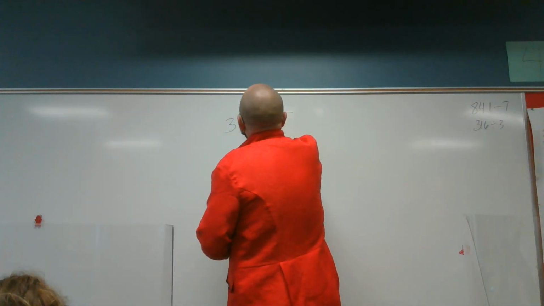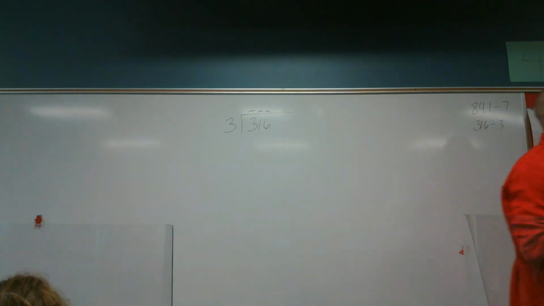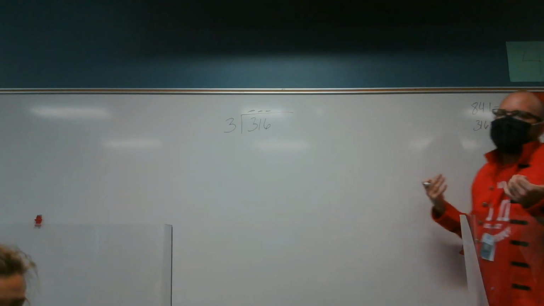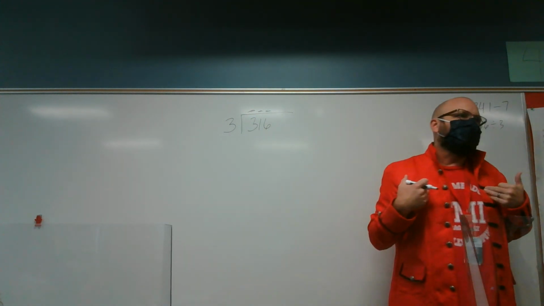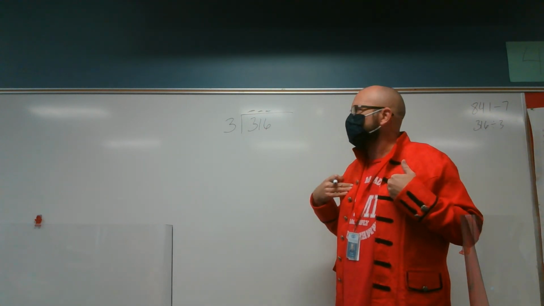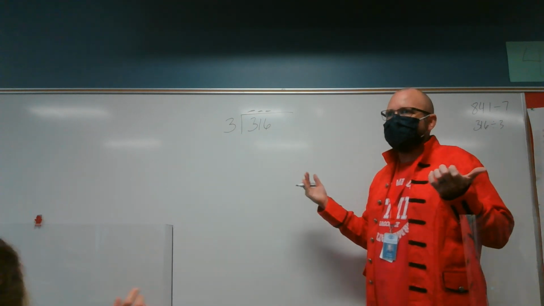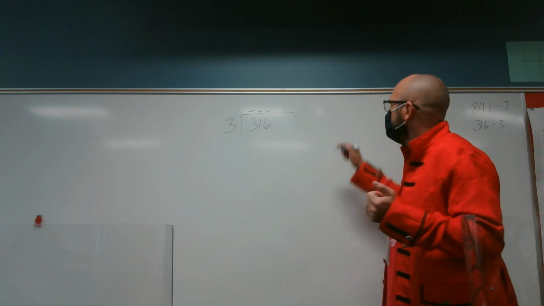I'm going to have a 3-digit whole number as my quotient. Now, I'll probably have a remainder. How do I know we're going to have a remainder? Because I know my divisibility rule for 3 is the sum of the digits is a multiple of 3. 3 plus 1 is 4. 4 plus 6 is 10. So I know I'm going to have a remainder, because 3 doesn't go into 10 evenly.